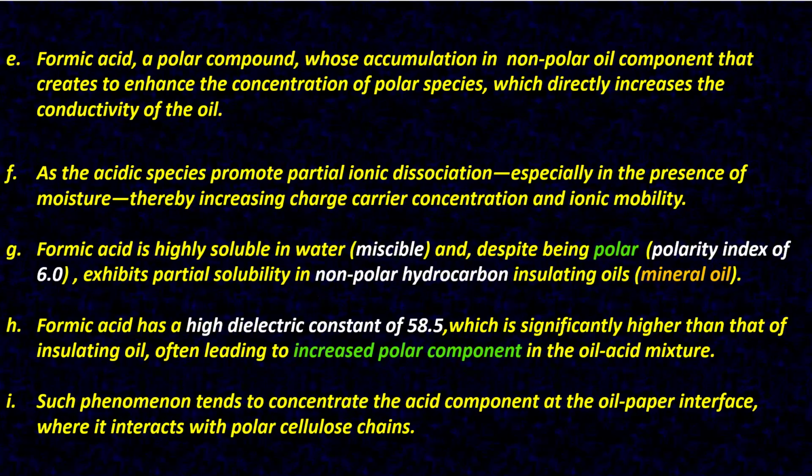Formic acid, a polar compound, accumulates in nonpolar oil and enhances the concentration of polar species, which directly increases the conductivity of the oil, as the acidic species promote partial ionic dissociation, especially in the presence of moisture, thereby increasing charge carrier concentration and ionic mobility.